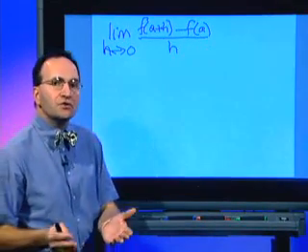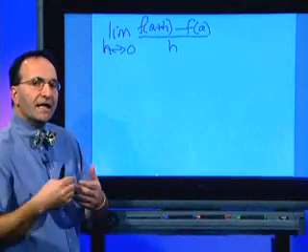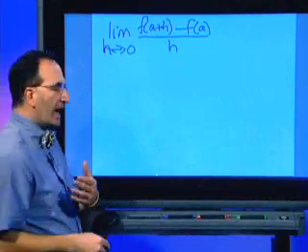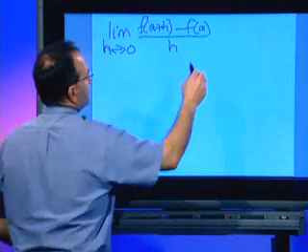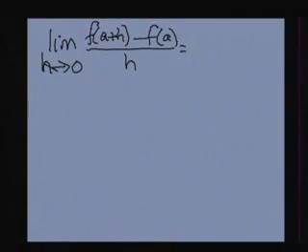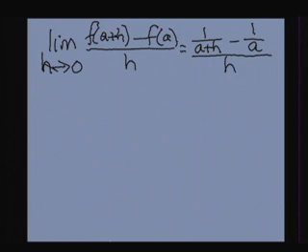And now use the function f of x equals 1 over x and substitute those values. So what we have is 1 over a plus h minus 1 over a, and that's all over h.